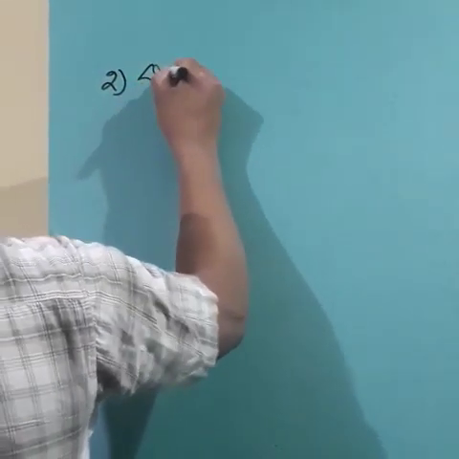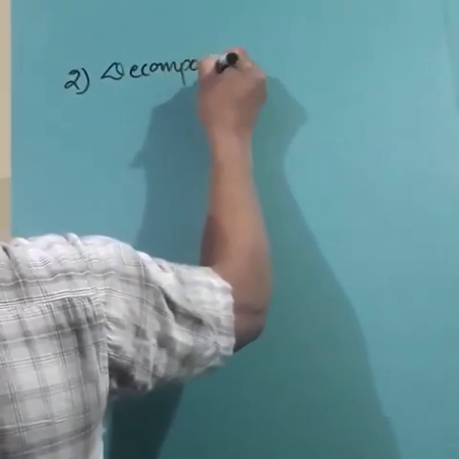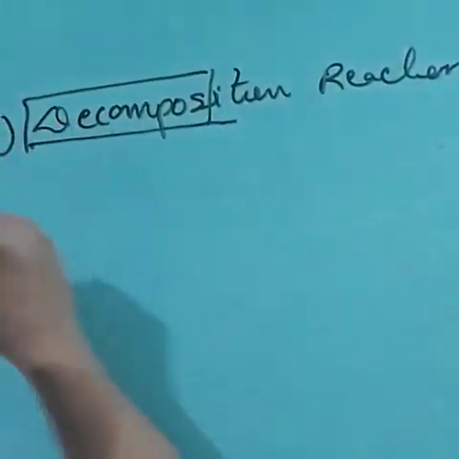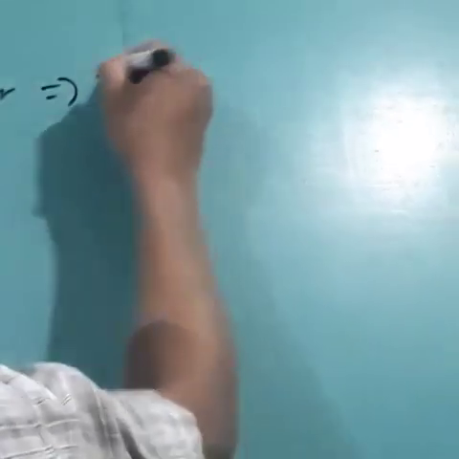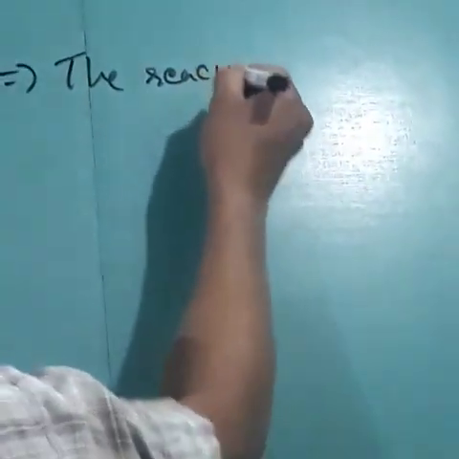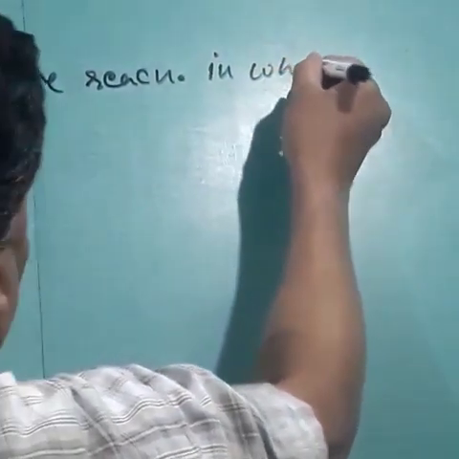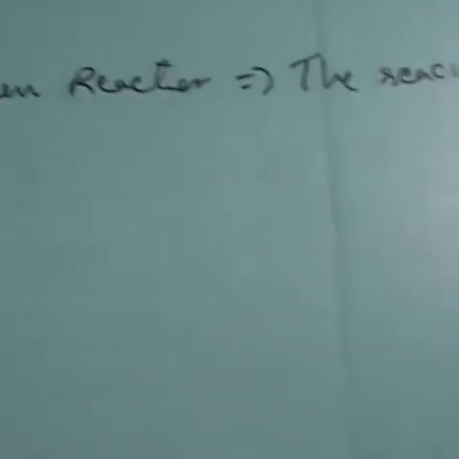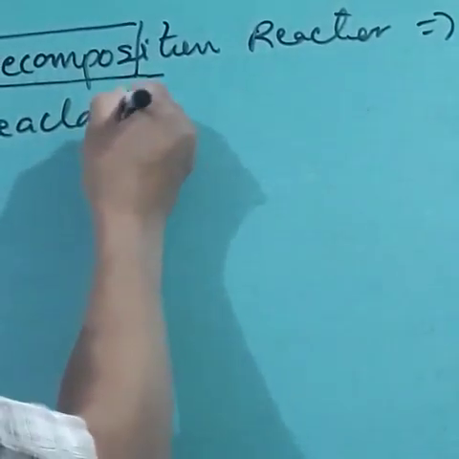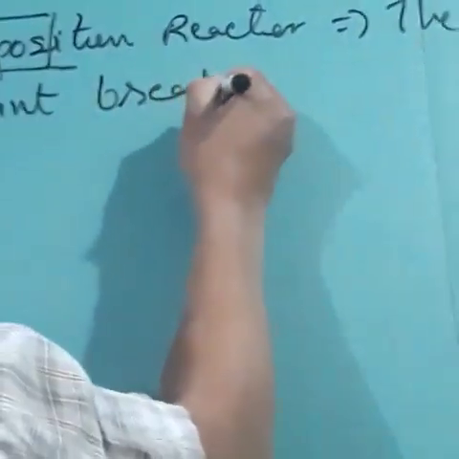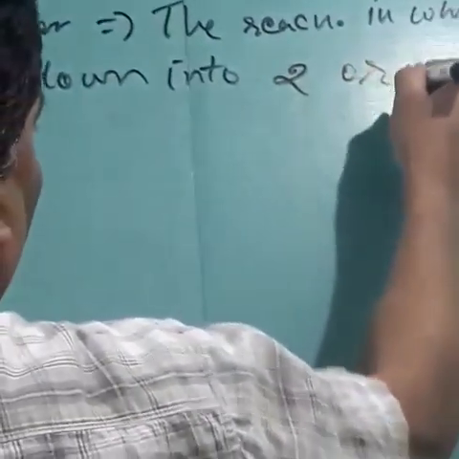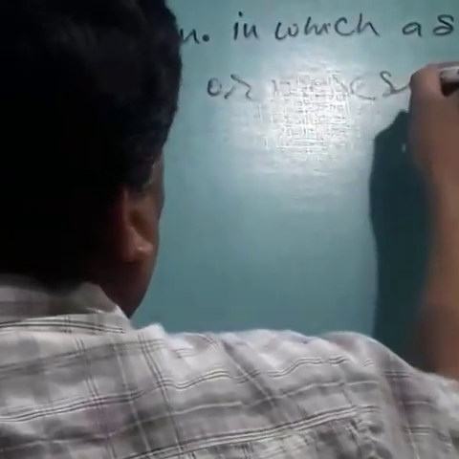Chemical reaction. This is called decomposition reaction, right? Decomposition, that is decompose, that is what? Breakdown. So the reaction, read it, reaction in which a single reactant breaks down into two or more substances.